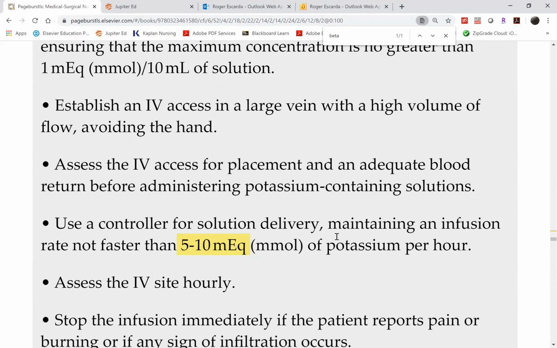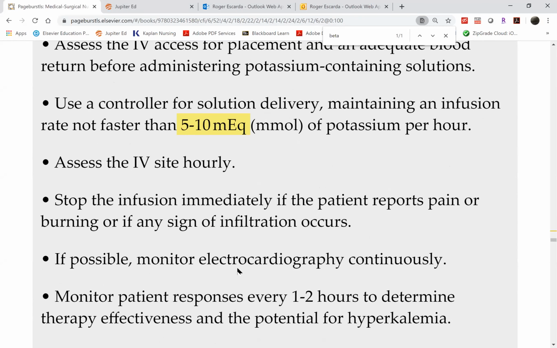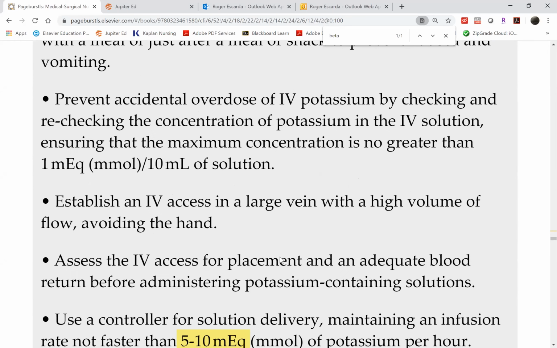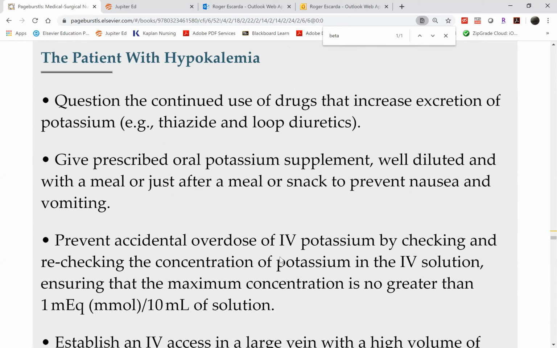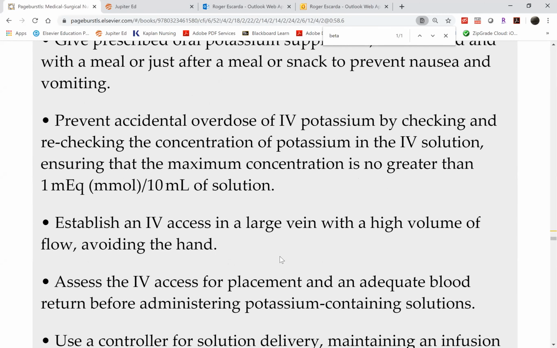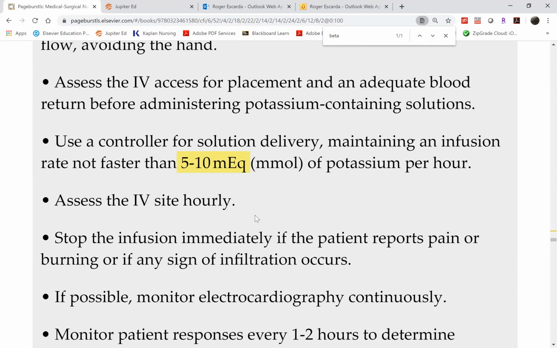So you can stop the infusion. You don't have to do the signs and symptoms because we already did that in the paragraph. So we give oral potassium, IV. Again, your IV access, of course, should be working properly. Otherwise, it will exacerbate the burning, especially if it's infiltrated.